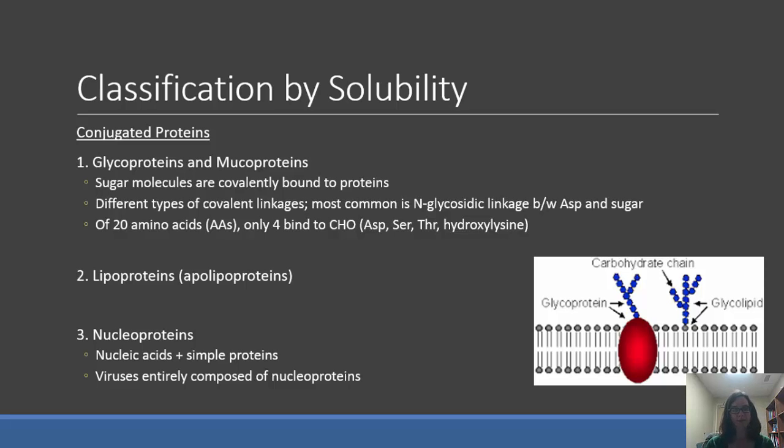So of course, these are our LDL, our VLDL, our chylomicrons, and our apolipoproteins. And then we have our nucleoproteins, which are nucleic acids joined with proteins. And these are the main component of viruses.